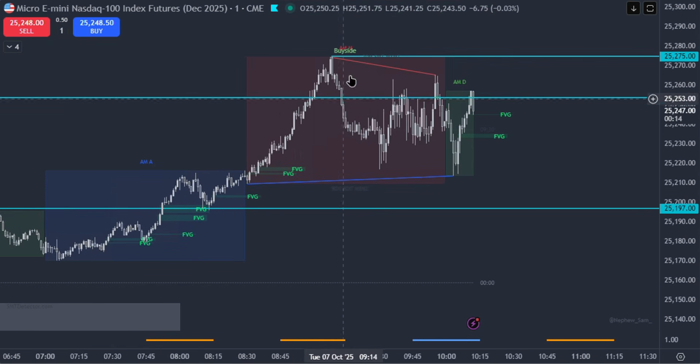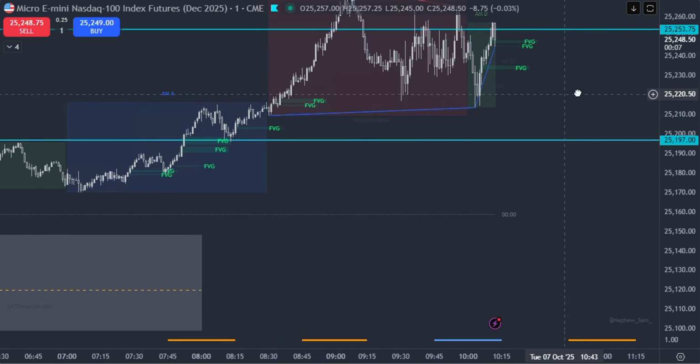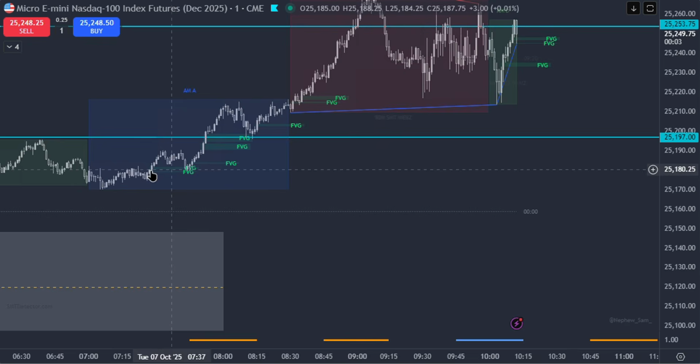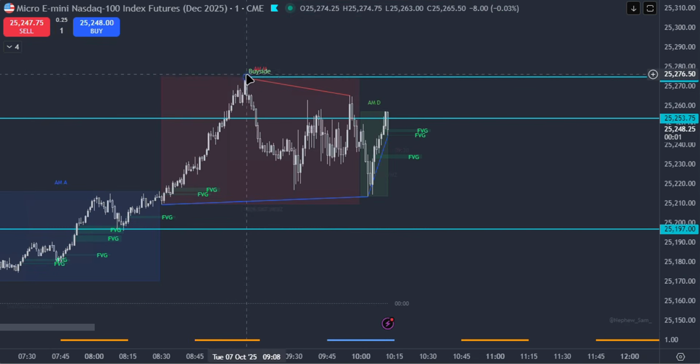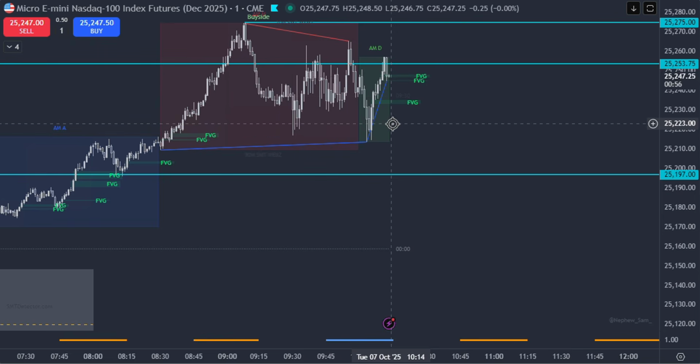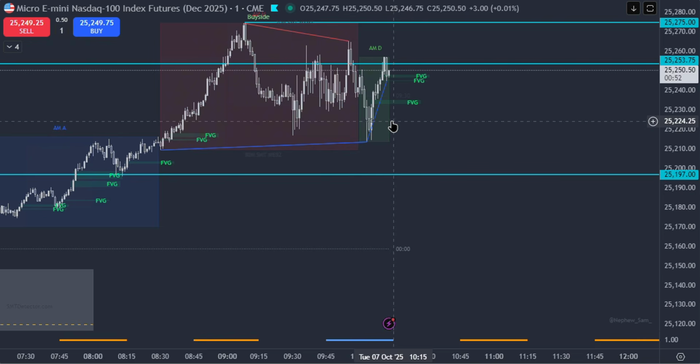This is your manipulation. I wanted to come up here and manipulate, have CSD, and then target these lows, or vice versa: come down here, purge here, then come take these highs. But I'll look at the charts later.